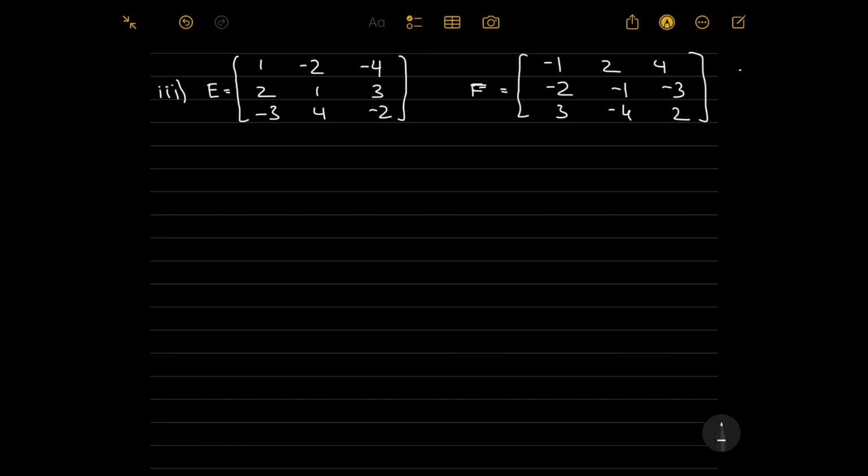Part 3, which is the last question of this exercise, it's a 3 by 3 matrix. So 1, minus 2, minus 4, 2.